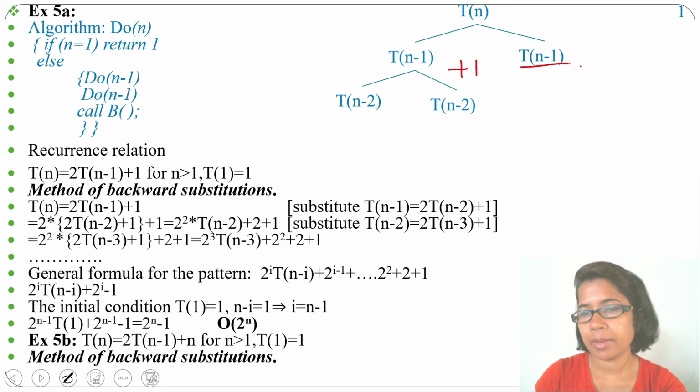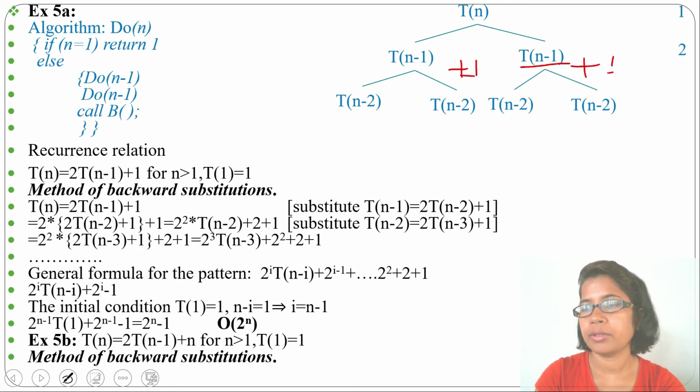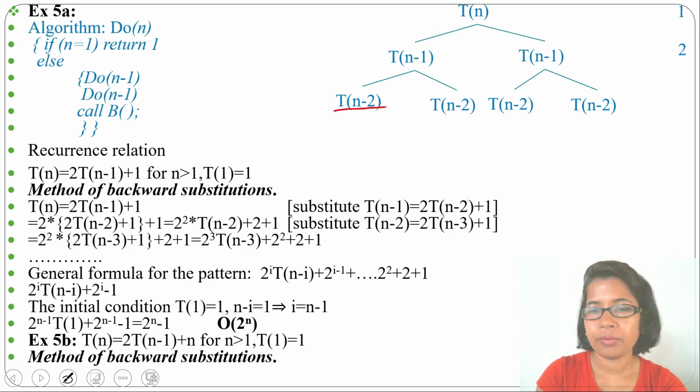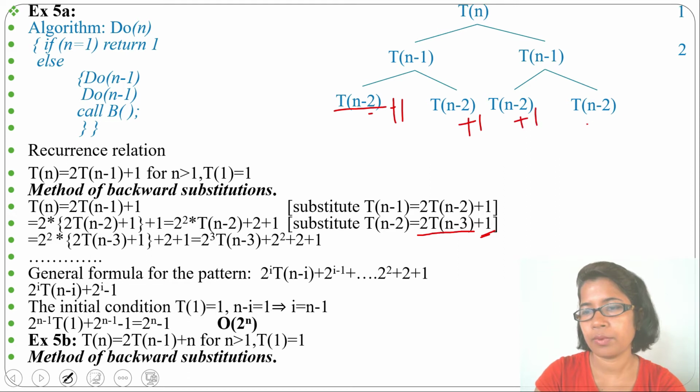Again, the time for n minus 1 will be the time for n minus 2 plus the time for n minus 2 function call plus 1. So 1 and 1 make 2. Next, T(n minus 2) will be the time for n minus 3 plus the time for n minus 3 plus 1. So for this plus 1, for T(n minus 2) plus 1, and again for this plus 1, plus 1.